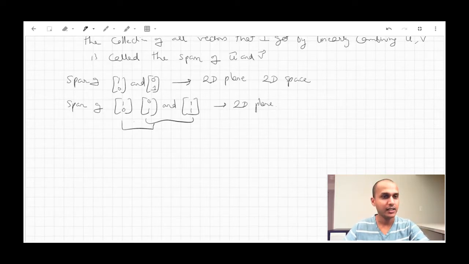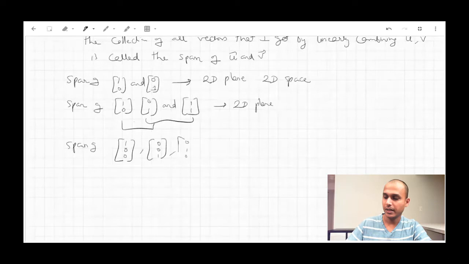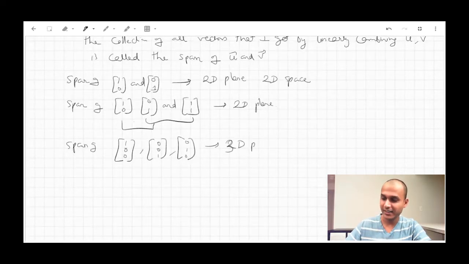That's interesting. And also, let's look at this: what is the span of, let's say, (1, 0, 0), (0, 0, 1), and (0, 1, 0)? The span of this is 3 dimensions, 3D space.